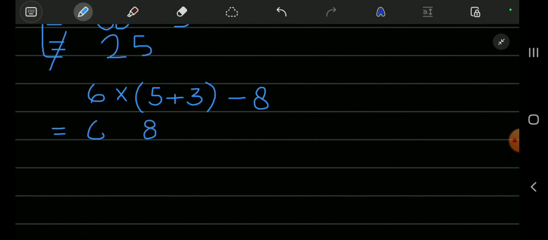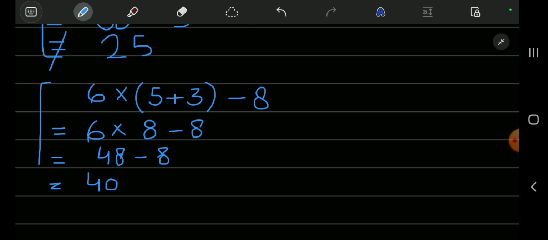It's going to be 8. Then this is going to be 6 multiplied by 8 minus 8. So now after brackets we will do the multiplication, and 6 times 8 is 48, minus 8 is equal to 40. So this is the correct way of doing it, we inserted the brackets at the correct place.